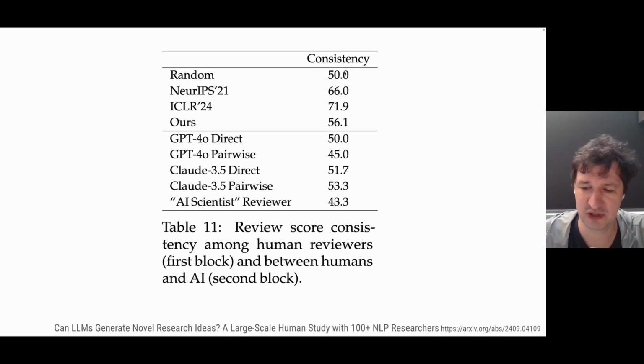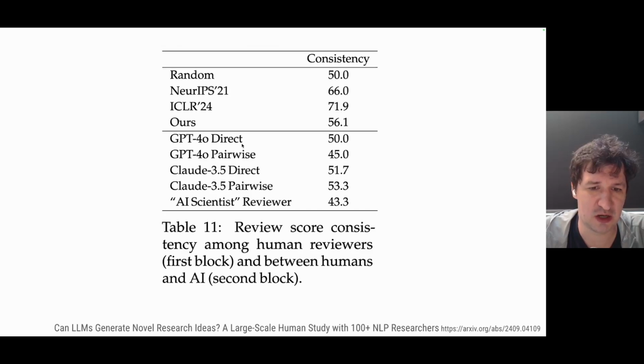If you are just randomly rating ideas, then the consistency between two human experts would be like 50%, just chance. In their own experiment, the consistency was a bit higher, 56, and at top conferences 66 and 72 respectively. So when you have a consistency of 72, it seems like humans kind of know what they are doing. At least they kind of agree that high-quality ideas are this set of ideas.